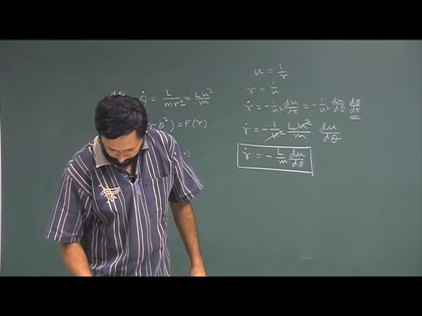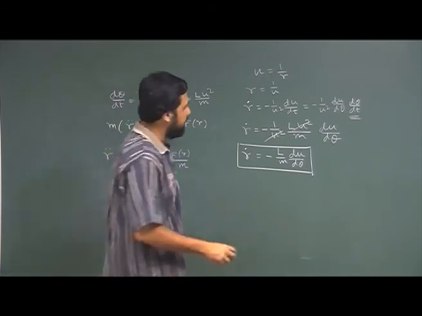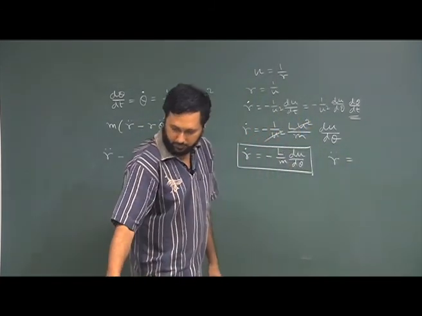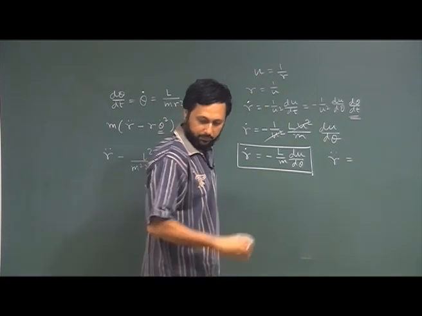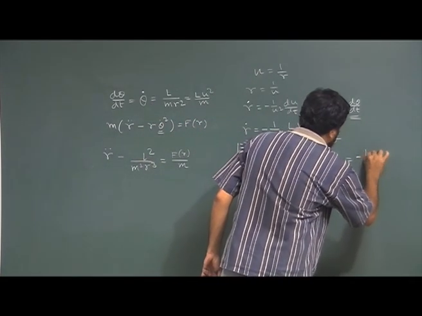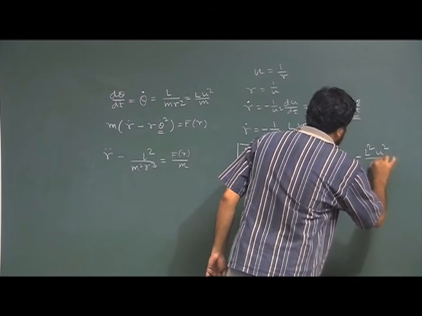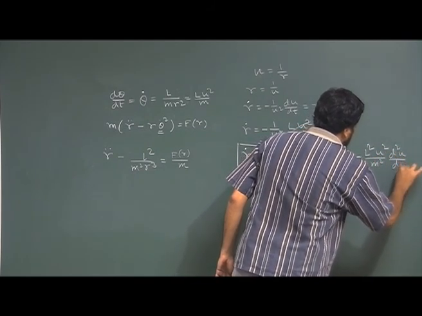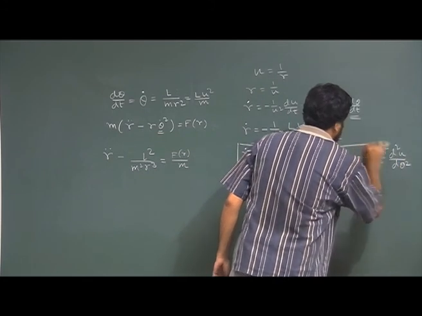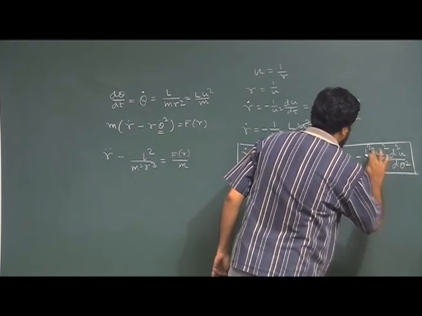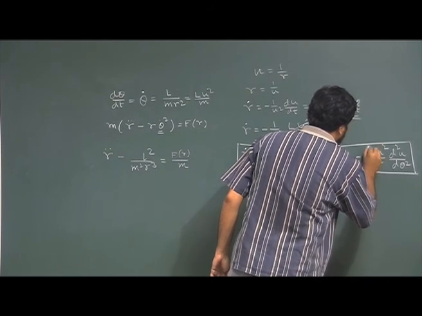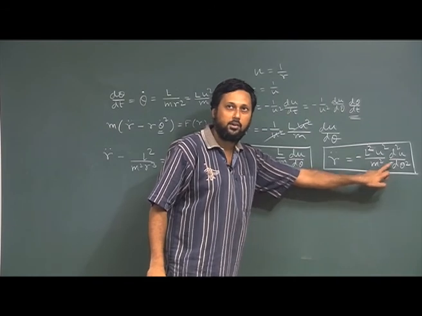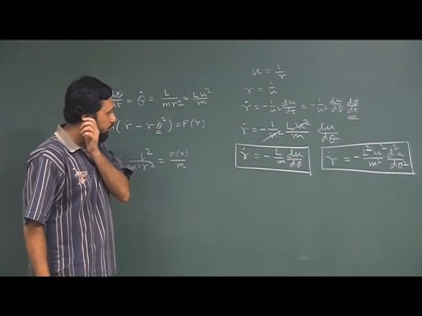So, your final expression for r double dot will be minus L square u square by m square d2u d theta 2, that is the expression for r double dot.